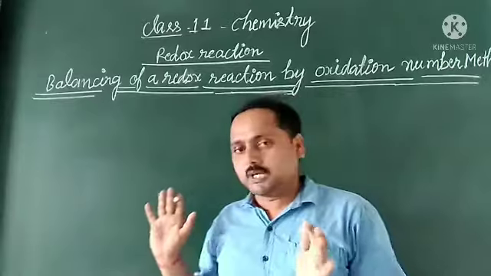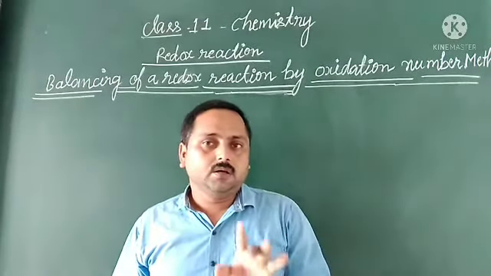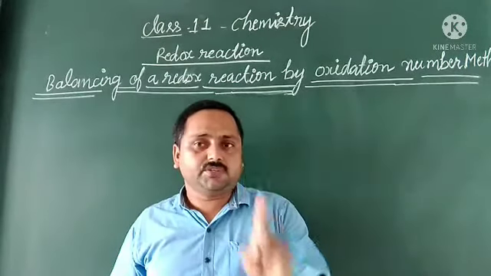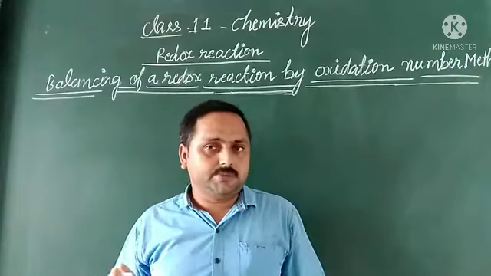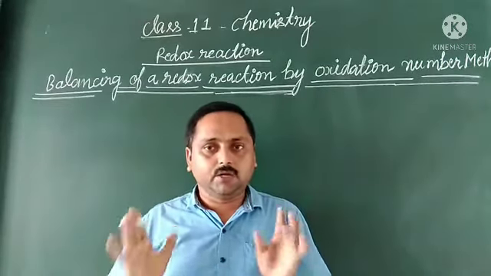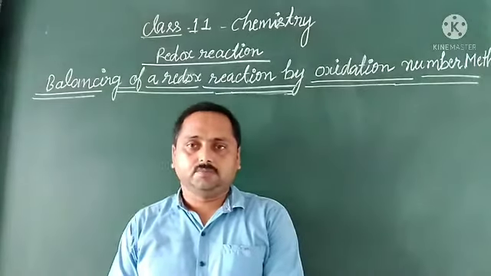So one more time, we can summarize the steps to balance a redox reaction by the oxidation number method. First, write the correct formula of reactant and product.